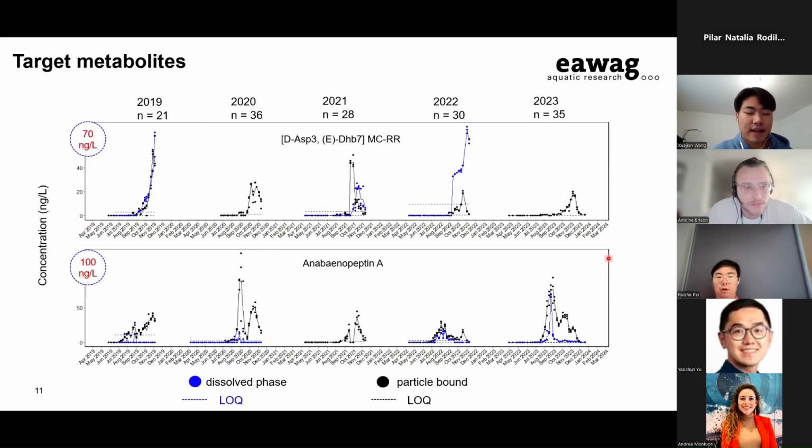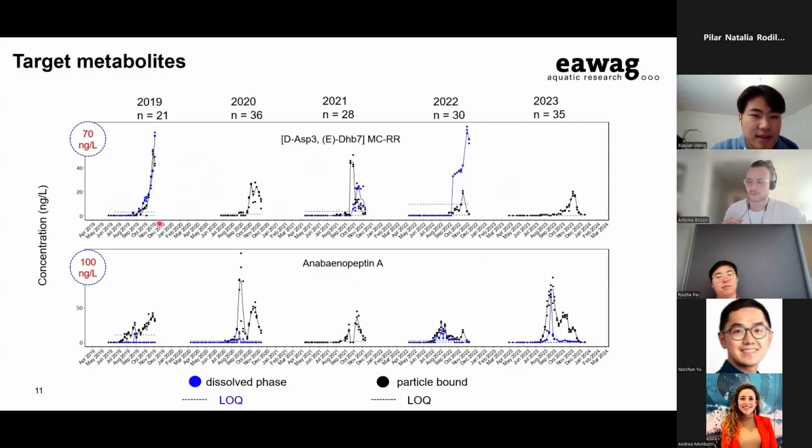So we could first look at the two target results. In this plot, the colors mean the concentration in the water phase, blue, and in the biomass phase, black. The blanks between each year mostly mean late winter and early spring, so we didn't do the sampling work at that time.